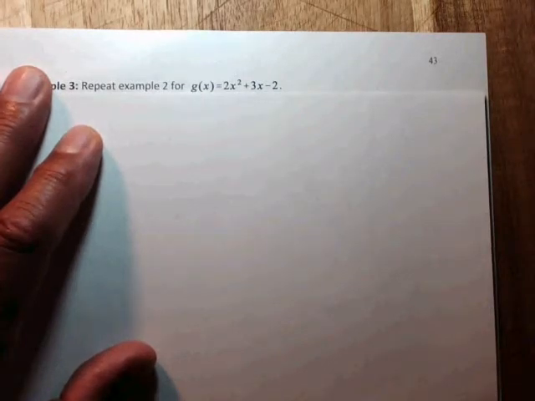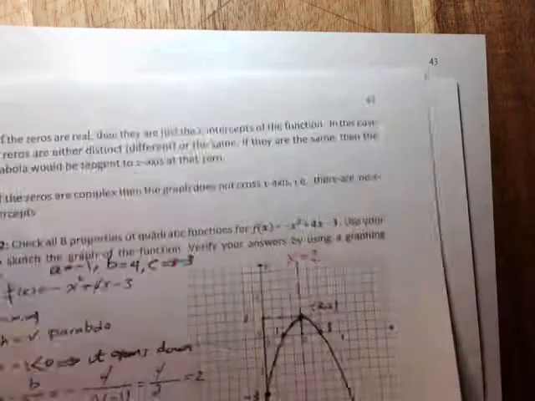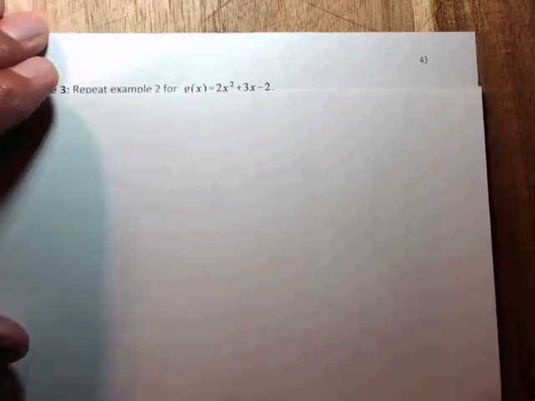Okay, here's the next example. Actually, this is example 3, right? I just did example 2. And I did example 3 a minute ago, but unfortunately the video didn't have sound. I don't know why this program is giving me so much trouble.